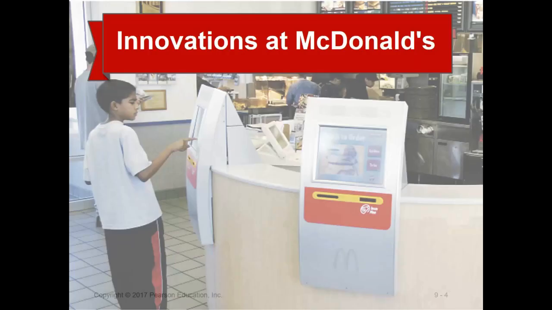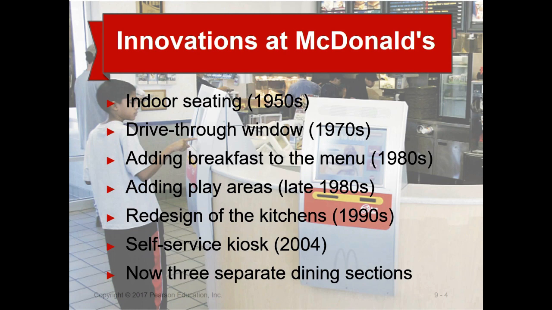And here, this is the innovations at McDonald's, this fast food restaurant, and what happened in the past maybe more than 50 years. So in the 1950s, they changed their indoor seating. And then in the 1970s, they designed the drive-through windows.